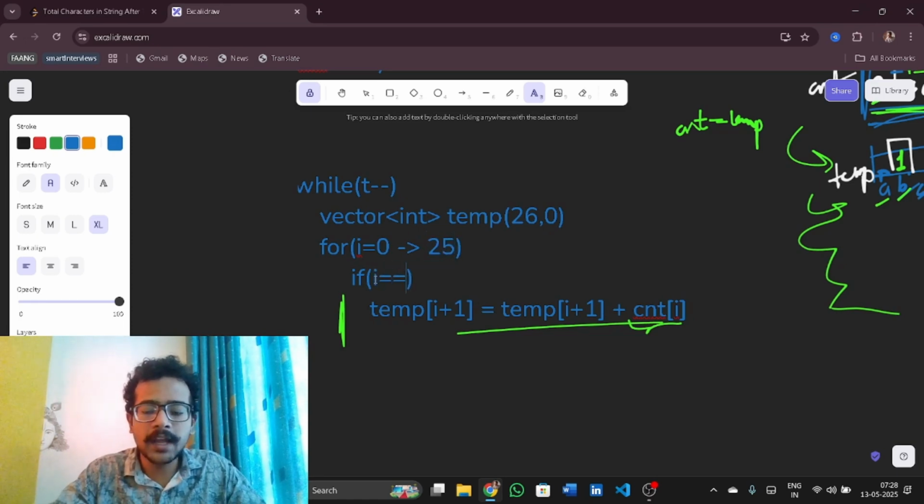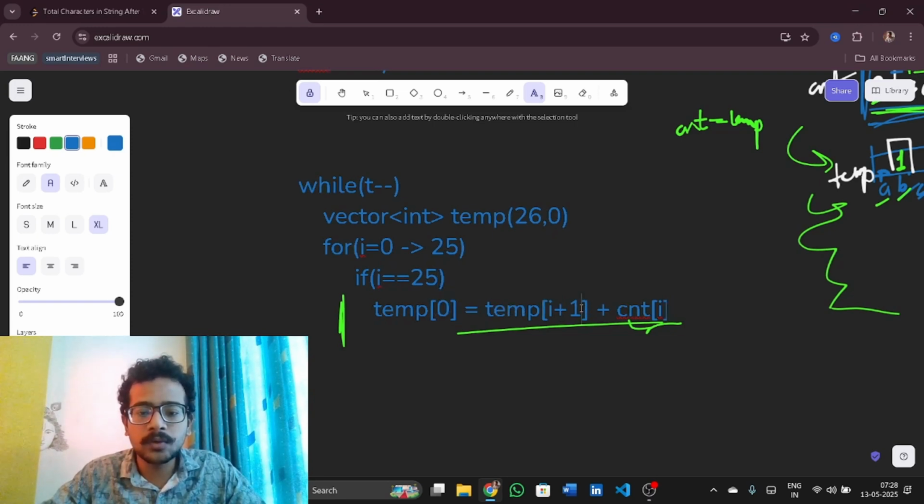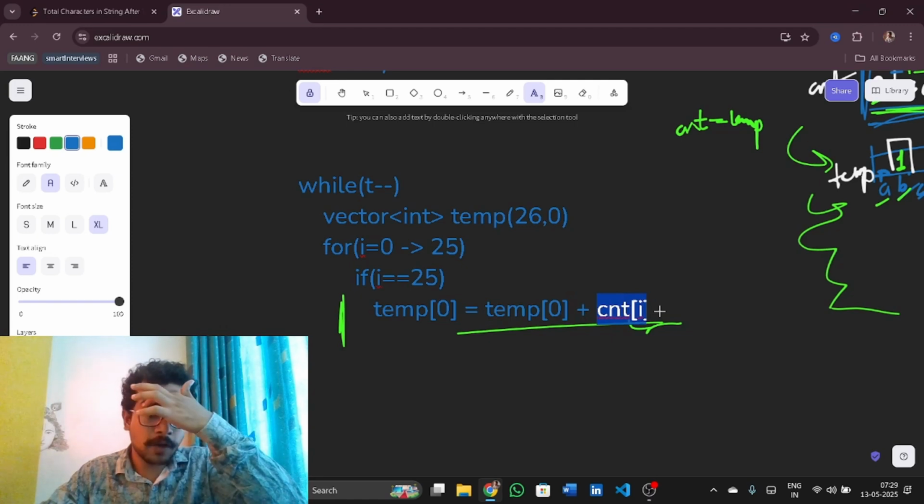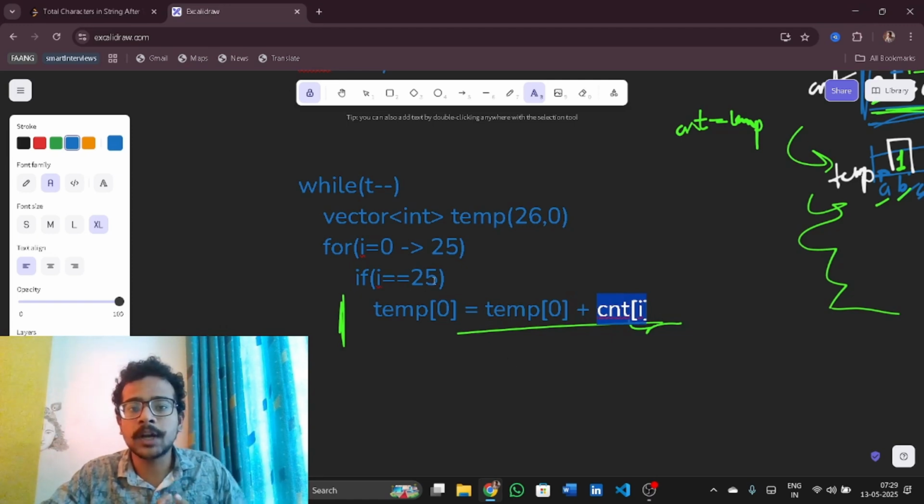So if I is equal to 25, then 0, right? Temp of 0 is equal to temp of 0. What is temp of 0? Temp of 0 is nothing but the number of times A is present, plus count of I, which is 25. So the number of times Z is present is the number of times A will be incremented. A is temp of 0.